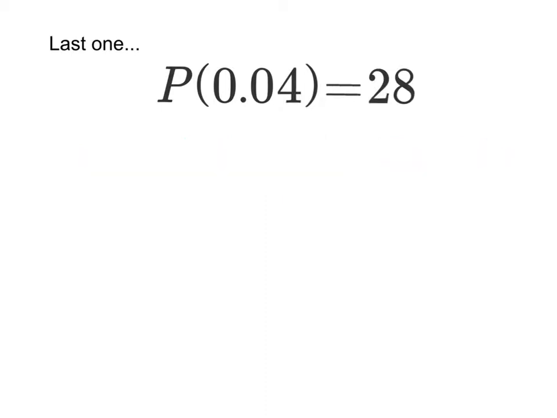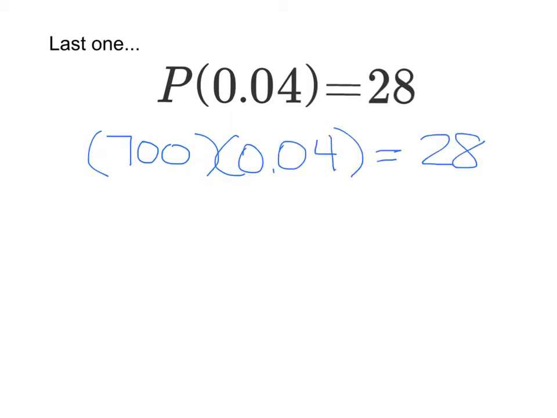Now it's time to check. If I multiply 700 by 0.04, do I get 28? You may want to rewrite this vertically instead of horizontally to do your multiplication.